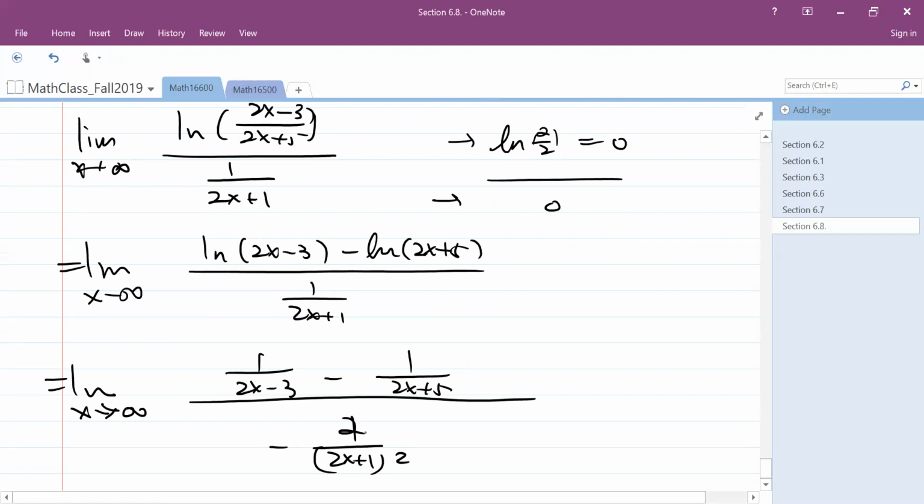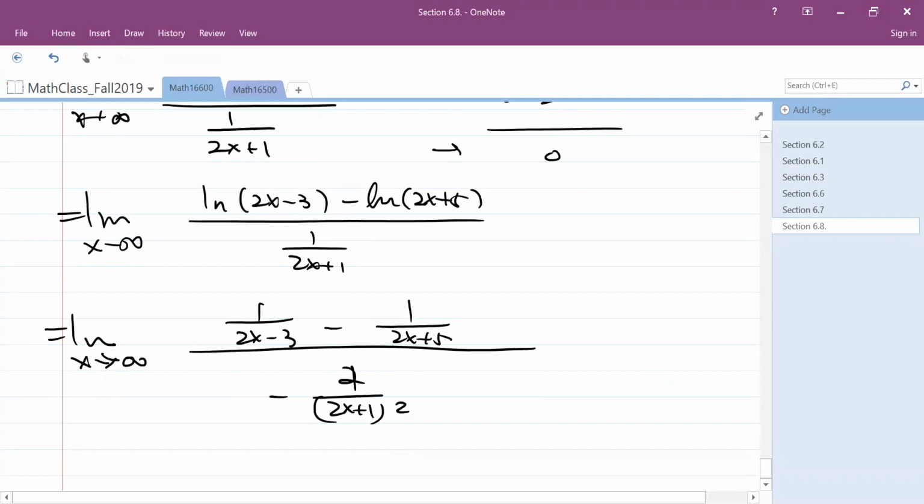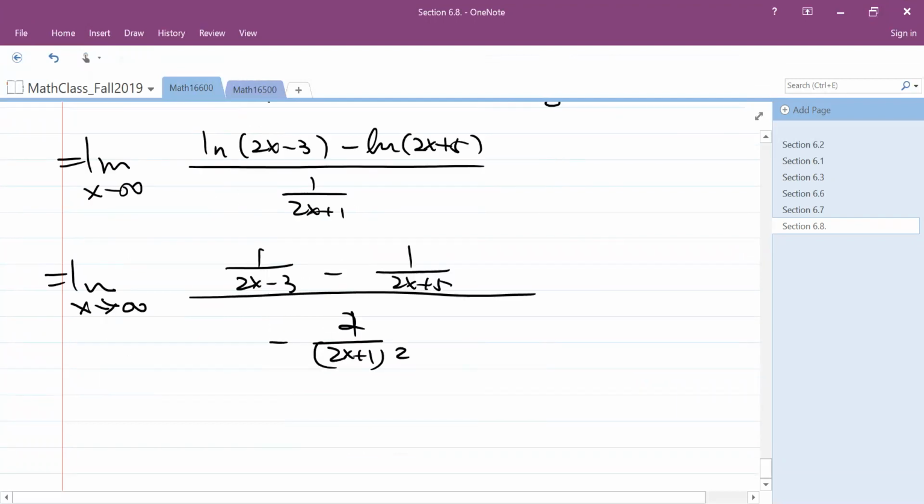You can differentiate. So now, what is the next step? We have to simplify. Otherwise, we are not able to find the limit, right?